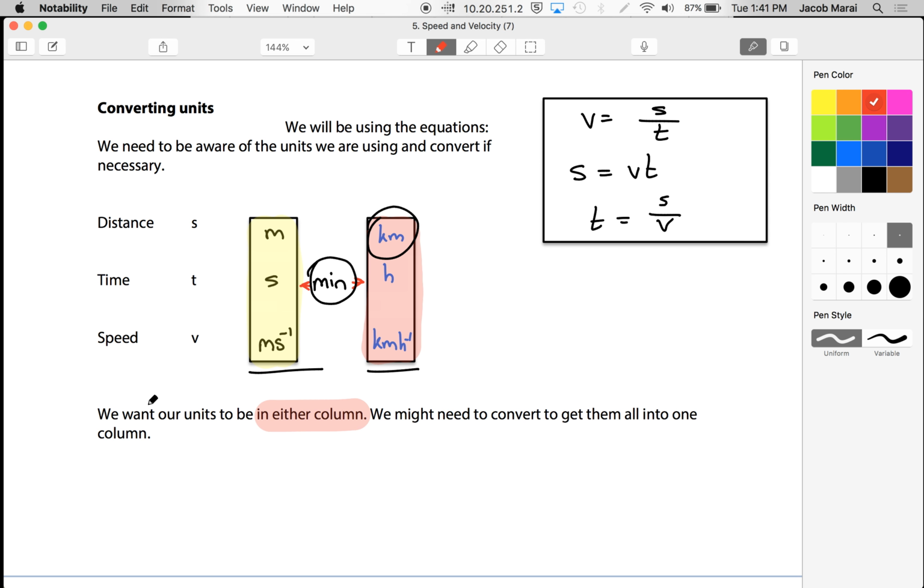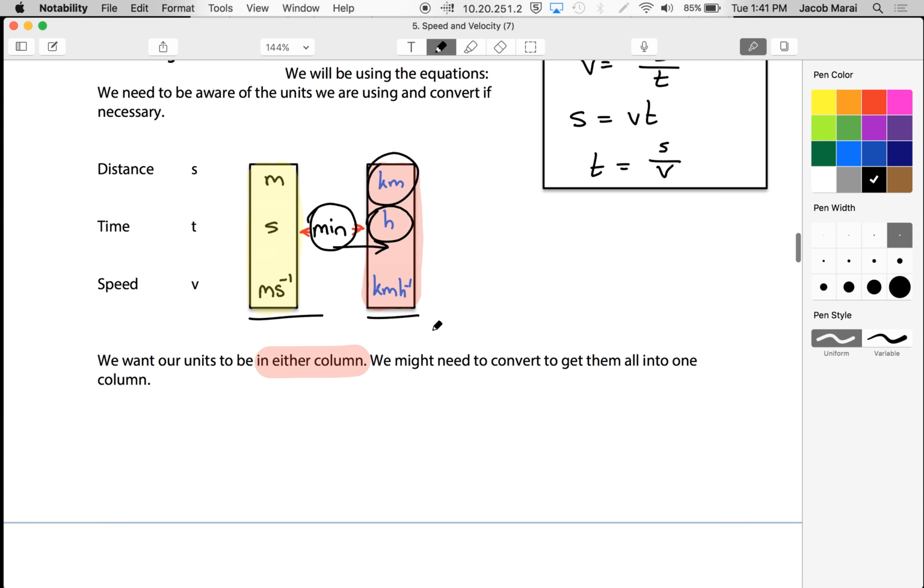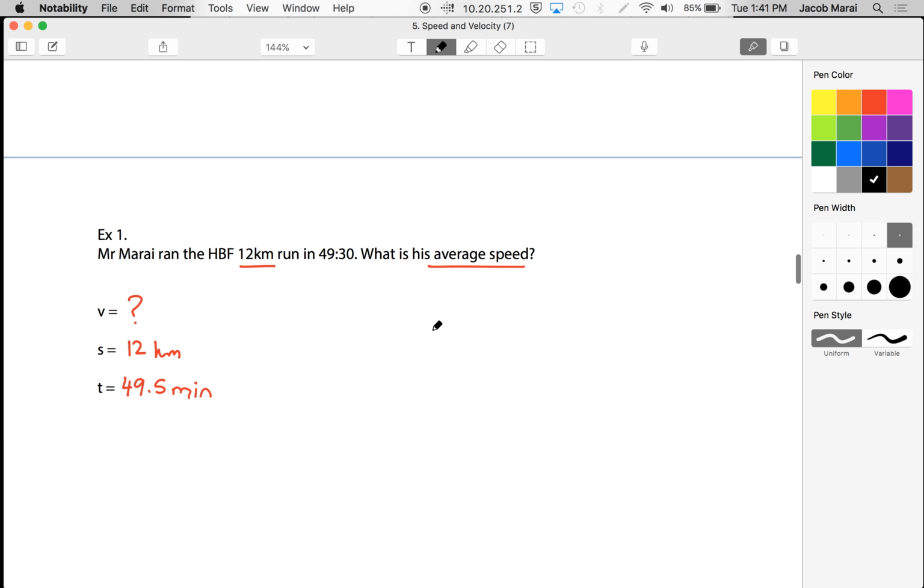Ed? Make it 12,000 meters instead. Okay, we could convert it to meters, but look, my time is still in minutes, right? I'm still going to have to convert. Now, your method would work. We could convert distance to meters. We would still have to convert time to seconds. That's 2 conversions. I think there's an easier one. Yeah, change it to hours, right? And then my answer will be kilometers per hour. Okay, now you could do that, but we're going to go this way.